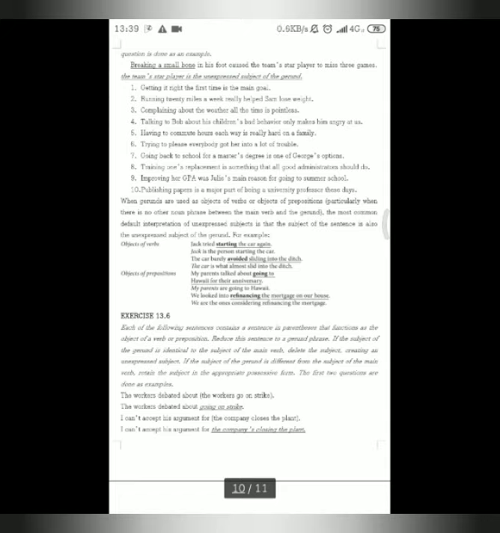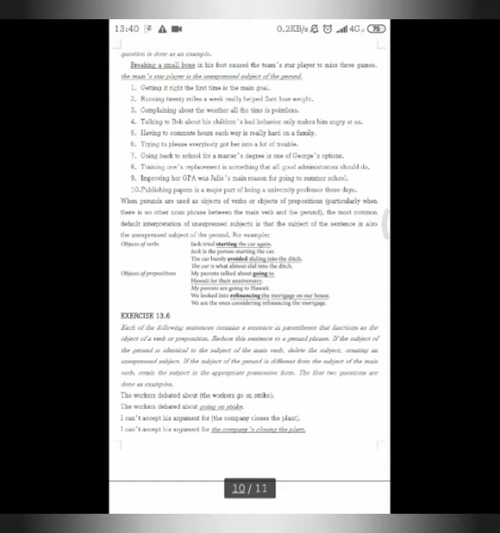Talking to Bob about his children's bad behavior only makes him angry at us. 5. Having to commute hours a day is really hard on a family. 6. Trying to please everybody got her into a lot of trouble.